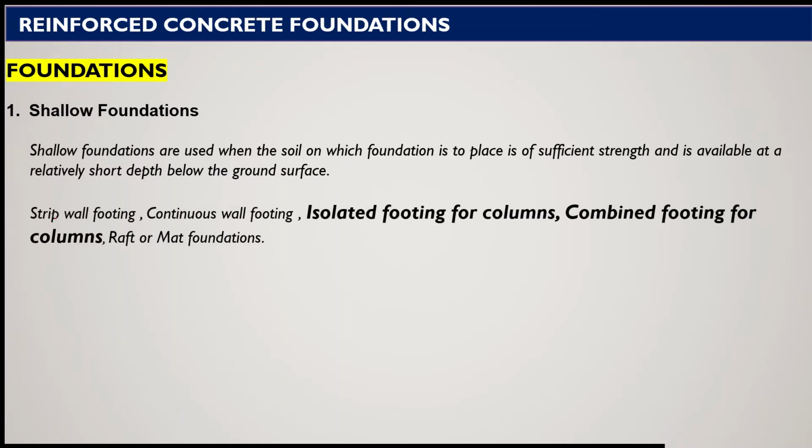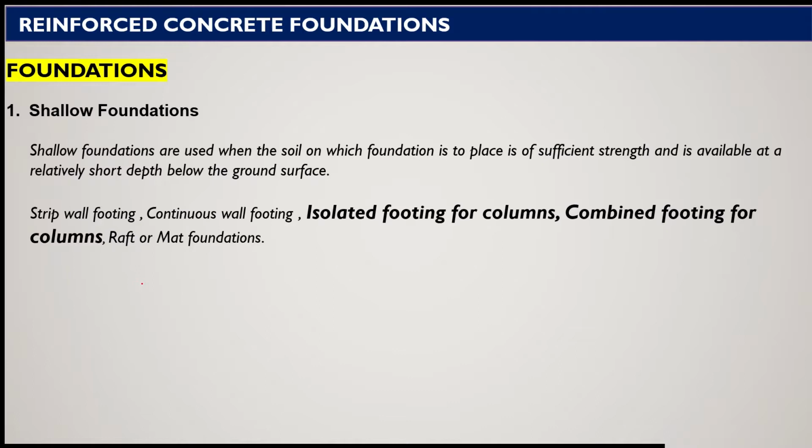Now some of the shallow foundation types are the foundation for a wall, that is strip wall footing, continuous wall footing, isolated footing for column, combined footing for column, raft footing, or mat foundations.